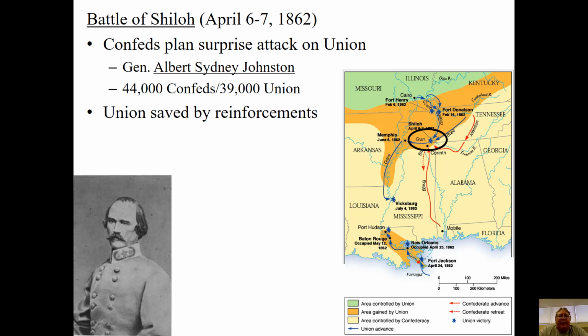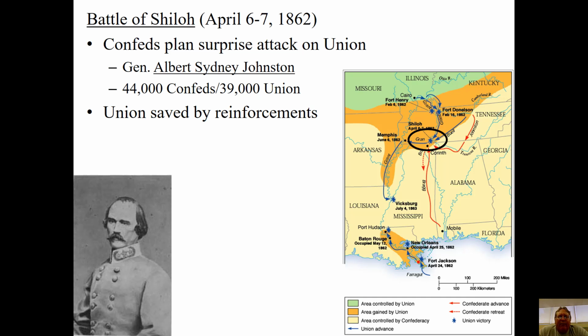So here in early 1862, in April of 1862, before even the Battle of Antietam takes place, Albert Sidney Johnston decides he'd better do something now while he still has the manpower to do it, while things are still a little balanced, right?